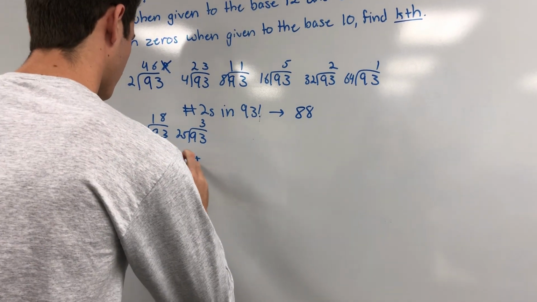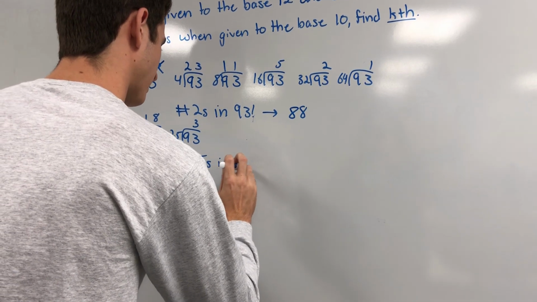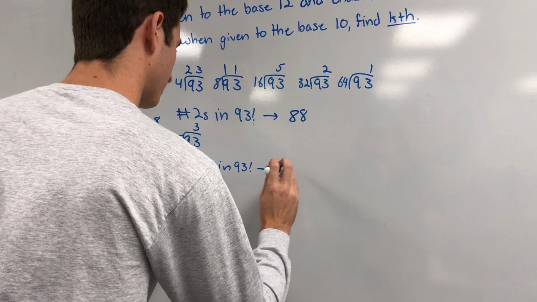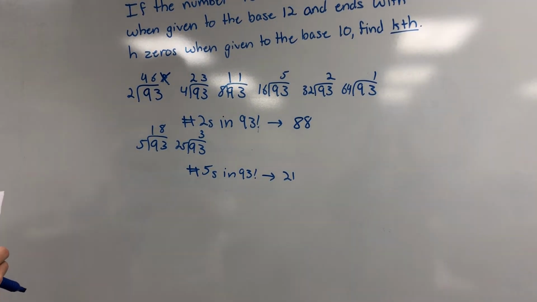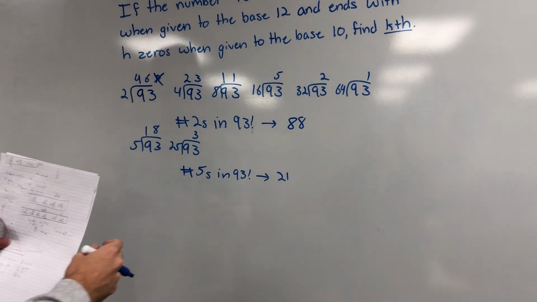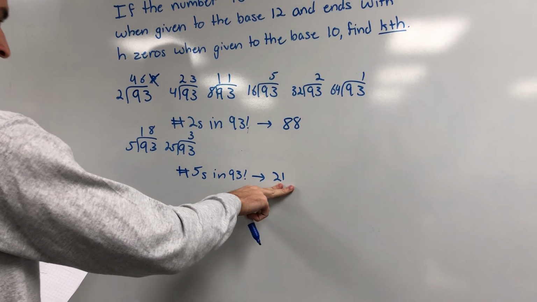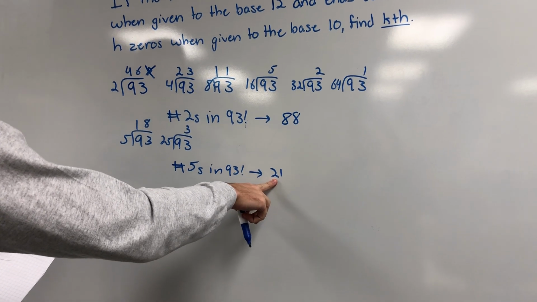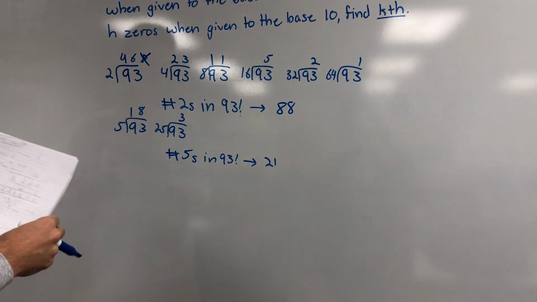So the number of 5s in 93 factorial is 21. So we can only go up to 21 10s. There are 21 10s in 93 factorial.